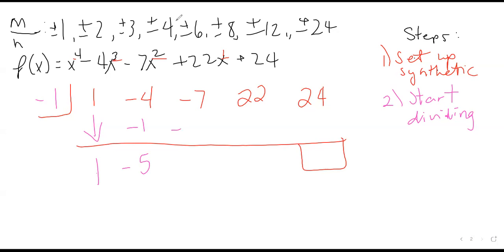Negative and a negative is a? Positive, so a +5. So now -7 plus 5 is the same as saying 7 minus 5, and I keep my negative. -2. -2 times -1? +2. 22 plus 2? 24. And 24 times -1? -24. And now 24 minus 24 will give me that 0.